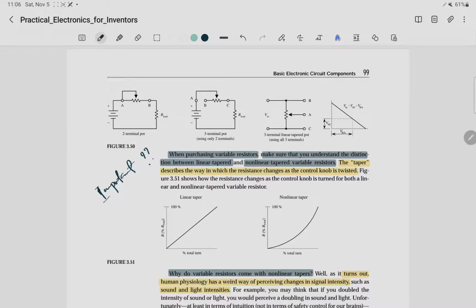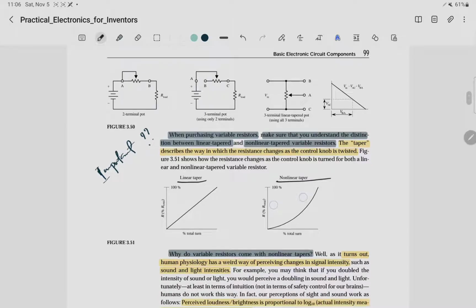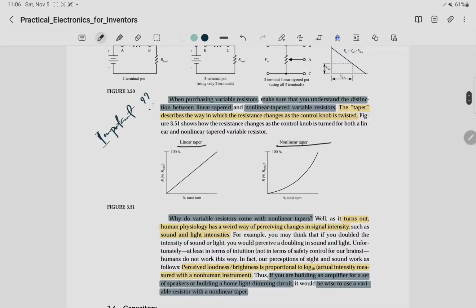So if you're adjusting it, how is your resistance changing with how you're turning your knob, your radio knob or something. So there's what you call linear taper, then there's non-linear taper. For linear taper, as you keep adjusting your knob, the resistance also increases linearly. But for a non-linear taper, as you keep adjusting your knob, first it starts slightly slower, but then at some point it begins increasing rapidly.